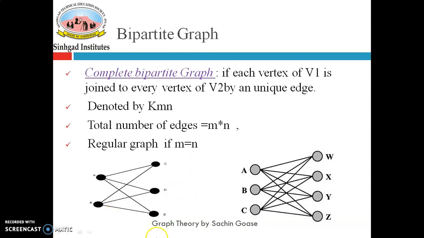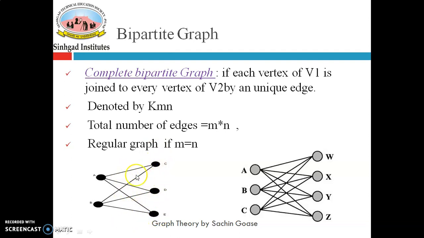So you can see some examples of complete bipartite graph. Vertex set V1 contains two vertices, that is A, B, and vertex set V2 contains three vertices C, D and E. So there is an edge between each and every vertex, means every vertex of vertex set V1 is connected with all vertices from vertex set V2 by an edge.